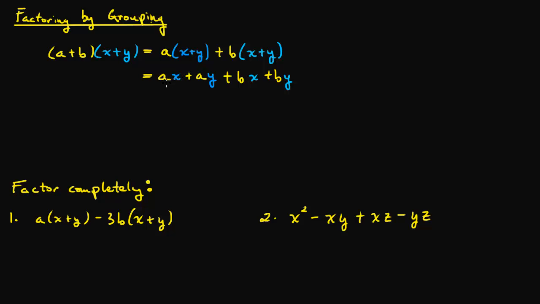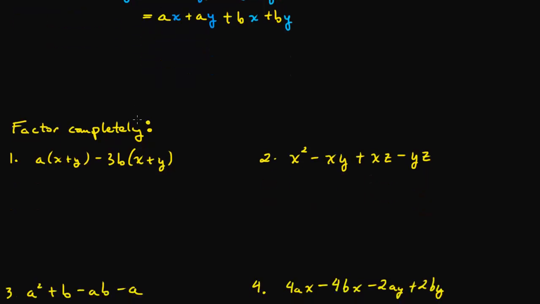If you have something of the form ax + ay + bx + by, a good strategy to try to implement is a grouping strategy to see if I can rewrite the terms in this form and see if there's a common factor that's a binomial or sometimes even a trinomial that you can then common factor and write as a product of two binomials or sometimes two larger polynomials. So let's go ahead and we'll try to implement a grouping strategy.